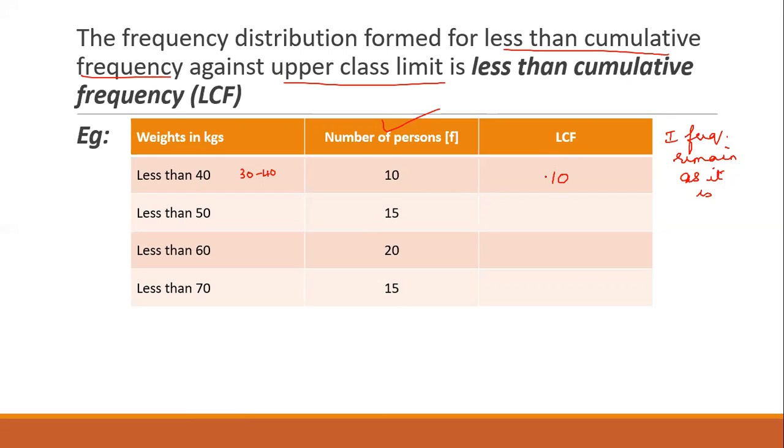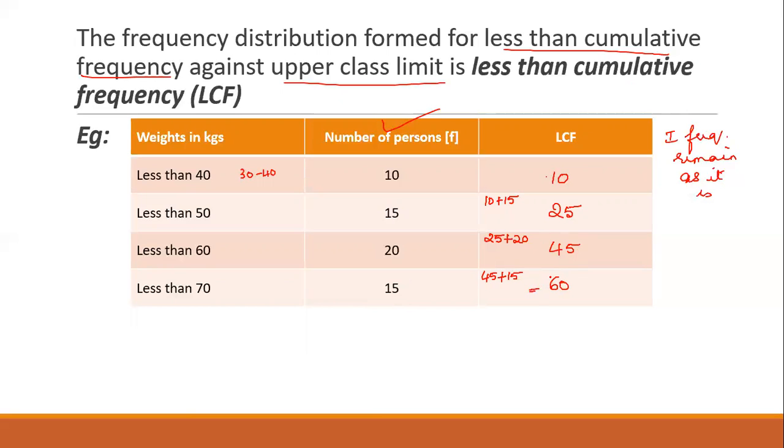That means 10 plus 15, which will give you 25. When you calculate the next less than cumulative frequency, it will be 25 plus 20, that is 45.